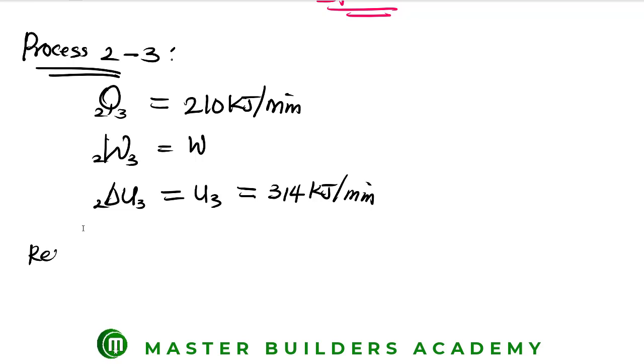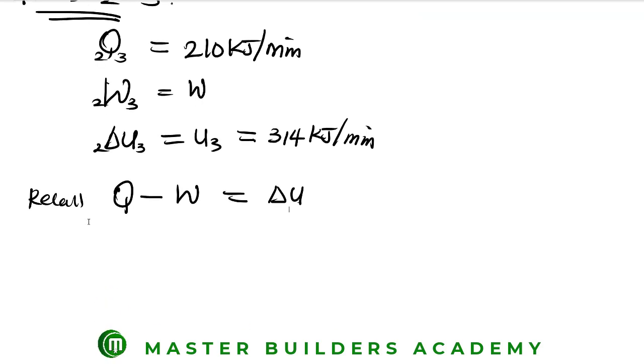Recall that Q minus W is equal to change in internal energy. What is missing here now is work done. If we want to suit this equation to this particular process, we can call this Q from 2 to 3 minus W from 2 to 3 is equal to change in internal energy from 2 to 3.